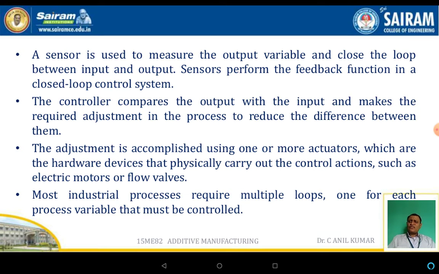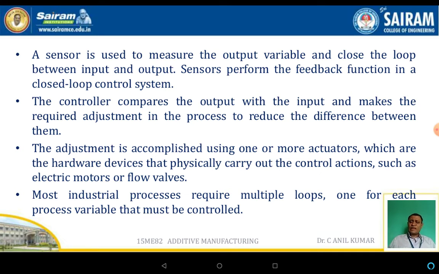A sensor is used to measure the output variable and close the loop between the input and the output. The sensor performs the feedback function in a closed loop control system. The controller compares the output with the input and makes the required adjustment in the process.